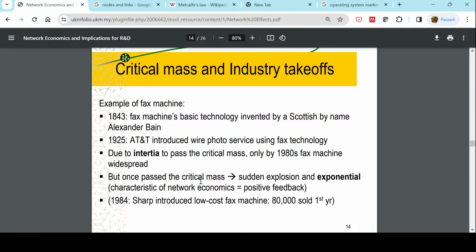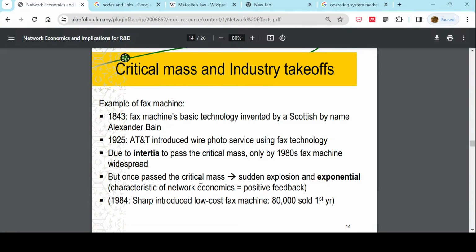technology. But due to the inertia, this is physics, okay? Newton's law of inertia: something that is not moving will stay not moving, and something that is moving will continue to move, unless outside forces are applied to it, for example, resistance.